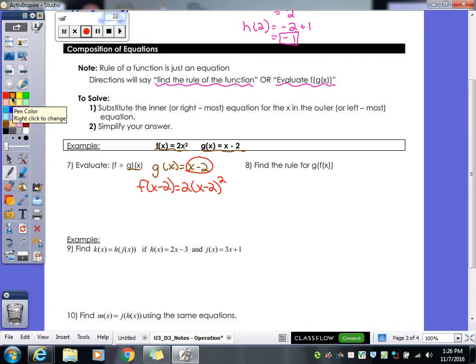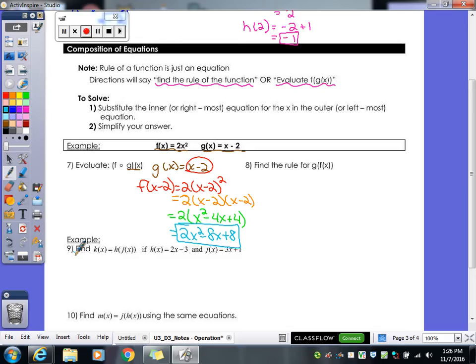Which again, people are still making the mistake. X minus 2 squared. If you don't remember the little trick in your head, write it out twice and multiply. So this will become x squared minus 4x plus 4. So then distribute our 2 and we get 2x squared minus 8x plus 8. That's our final answer.